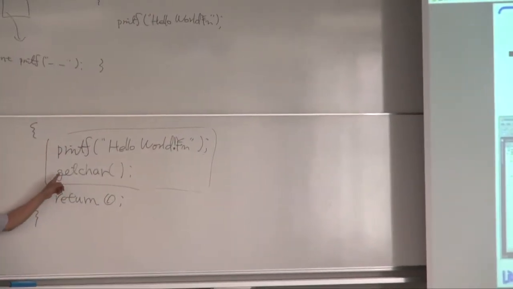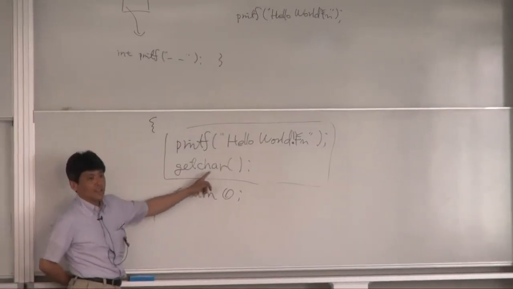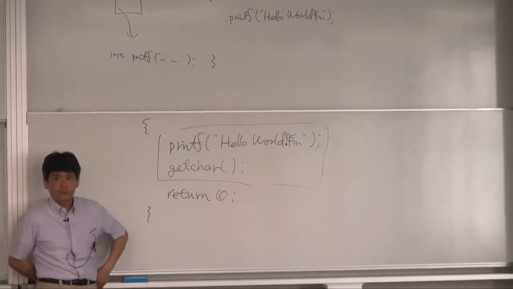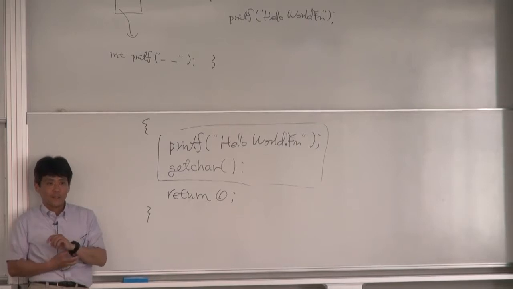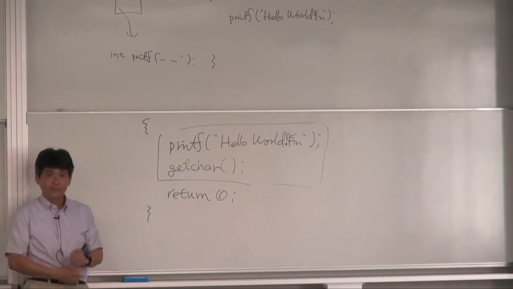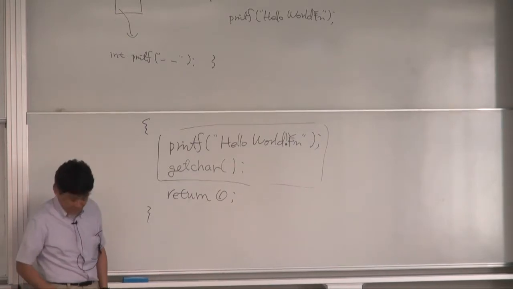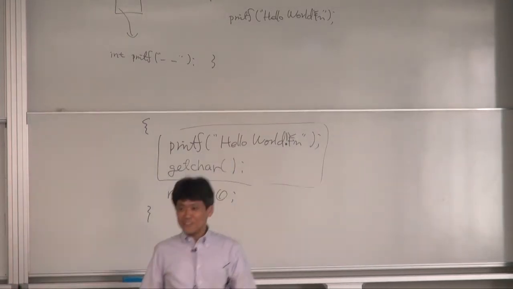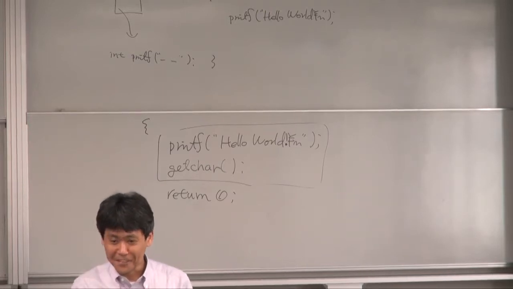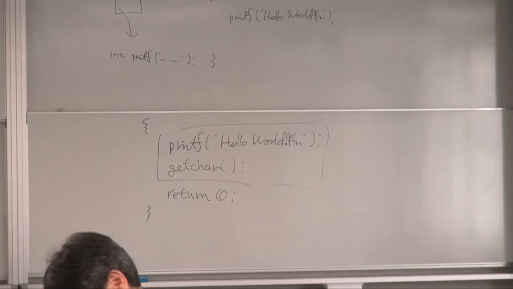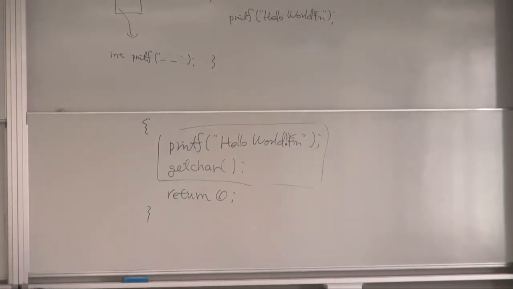The second line is getchar. I don't have the backslash N key. You don't find the N key? Just a moment.